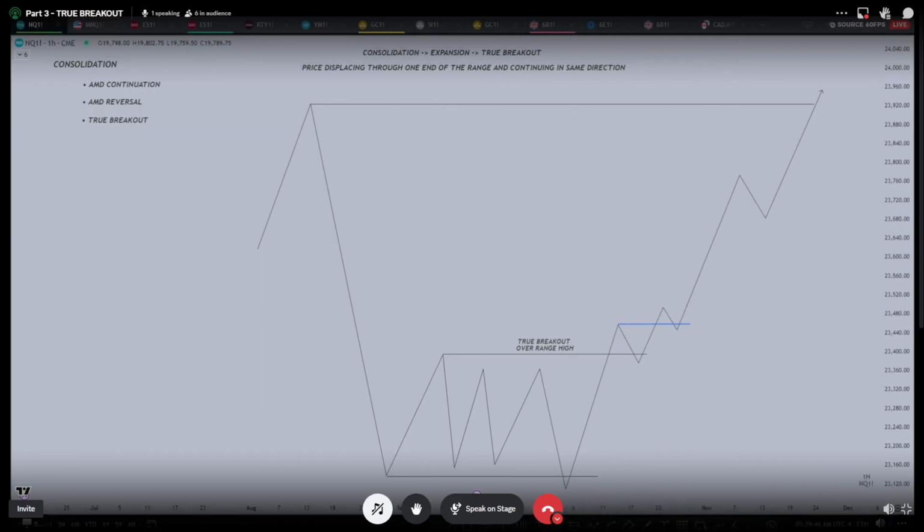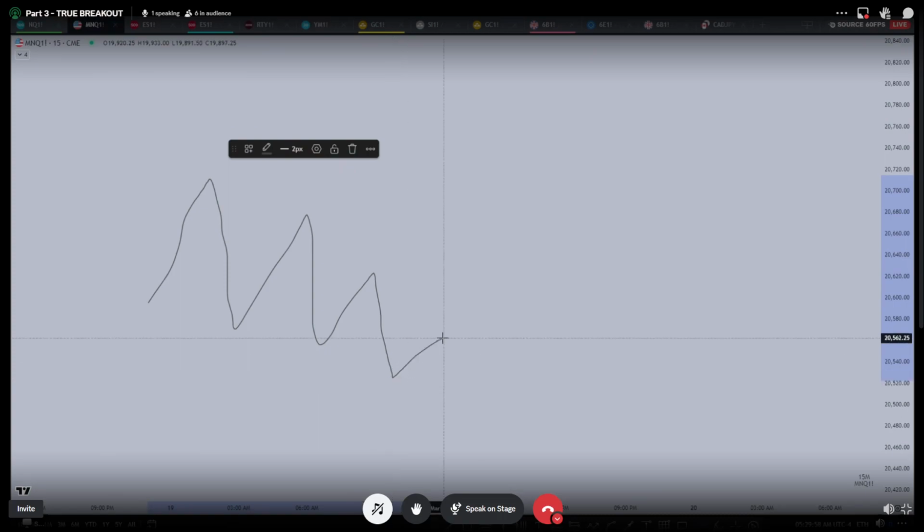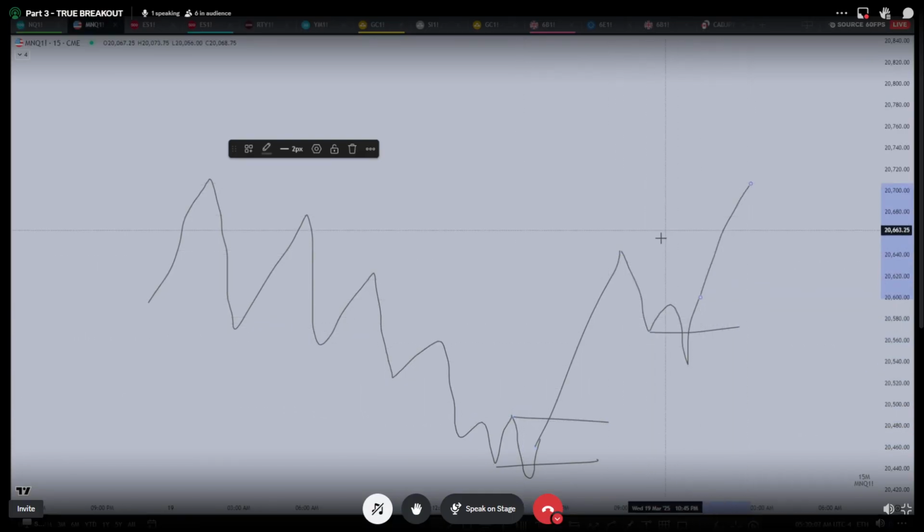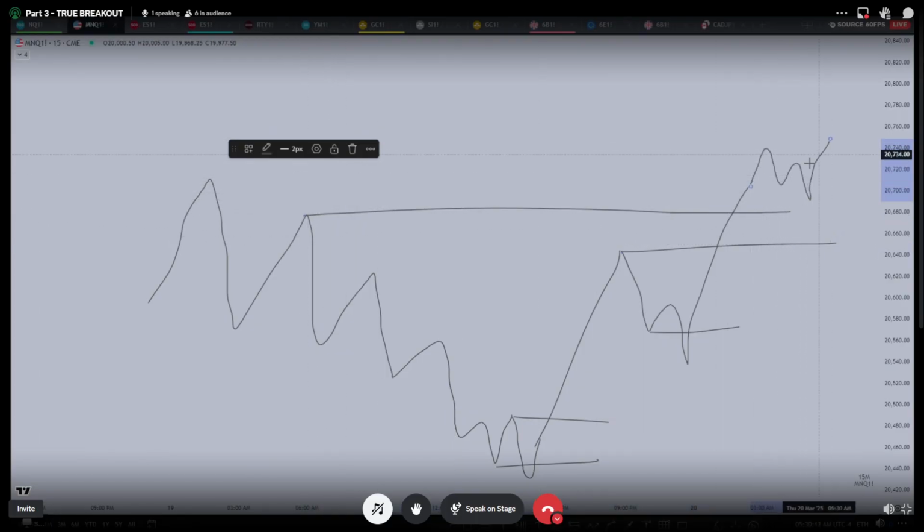Order flow is basically, bullish order flow is when price rejects lows and displaces through highs. Rejecting lows, displacing through highs. This is bullish order flow.